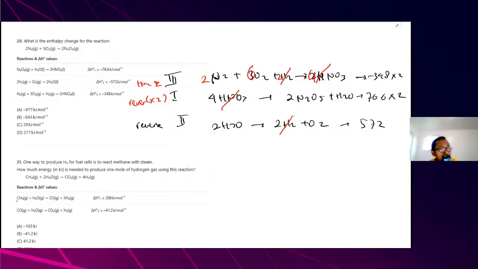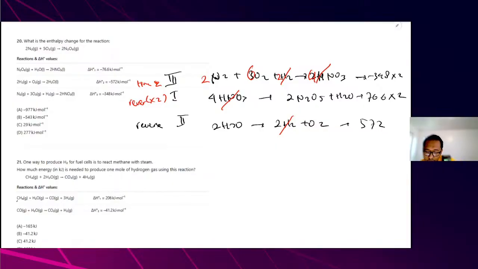What's wrong? What's wrong? Number 20. So we will have N2.